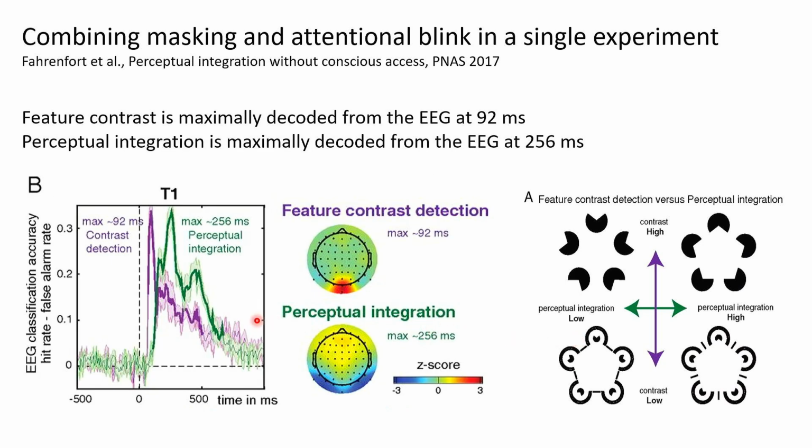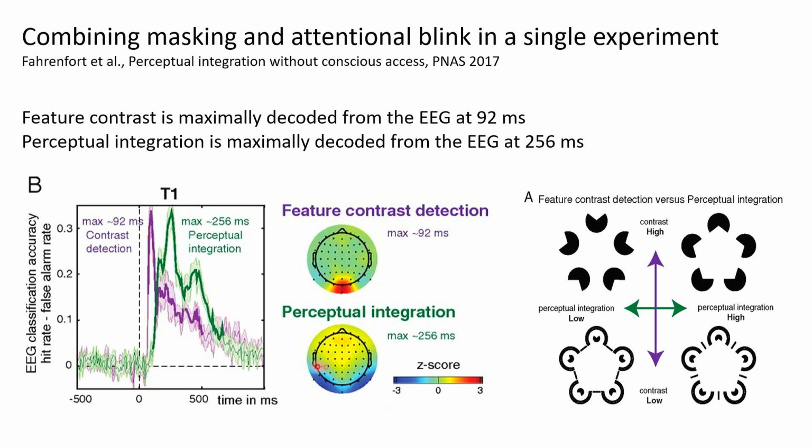And if you then look at at what point in time you can decode from the EEG signals these different contrasts, so the luminance contrast or the integration inference contrast, what you will typically see is that the low-level contrast you can decode maximally at around 92 milliseconds, which makes sense, of course, because that's a very feed-forward simple feature.